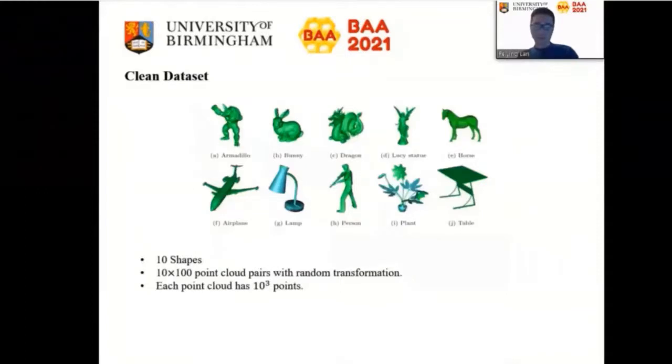In the experiments, 10 shapes were used for testing. For each shape, it generates 100 point cloud pairs with random transformations. Each point cloud has 1000 points.